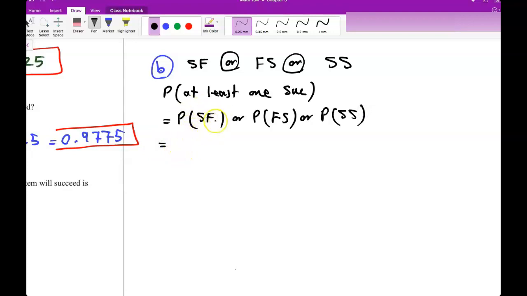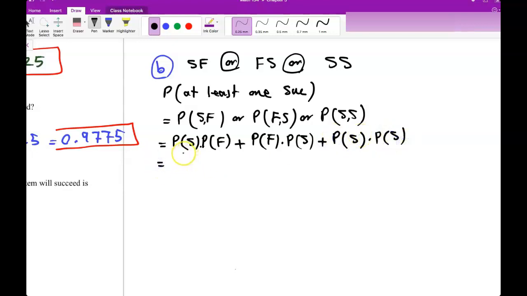Let's use a comma in between, and that comma means I used and in between. When you have and in between, you should multiply. So this is the probability of success, and we multiply by the probability of fail. Here is or, so add the probability of fail multiplied by the probability of success. Here is or, so you should add. Here same thing, the probability of success multiplied by the probability of success.